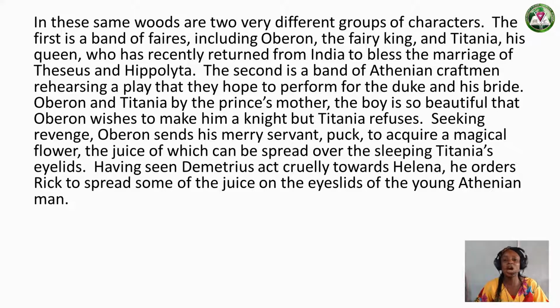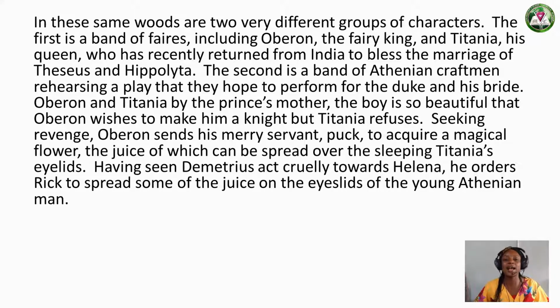The second set of characters is a band of Athenian craftsmen rehearsing a play that they hope to perform for the Duke and his bride. So we have two groups of characters here, like I said earlier: the fairies and the Athenian craftsmen.